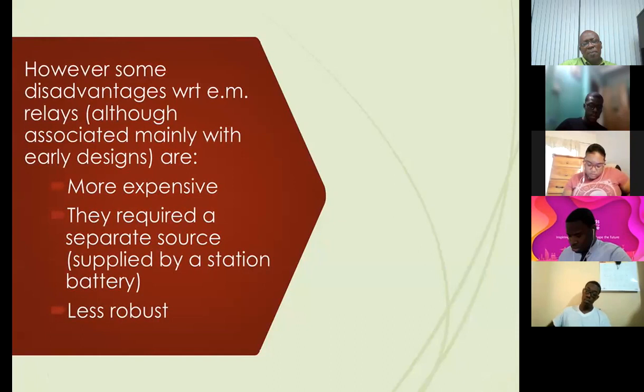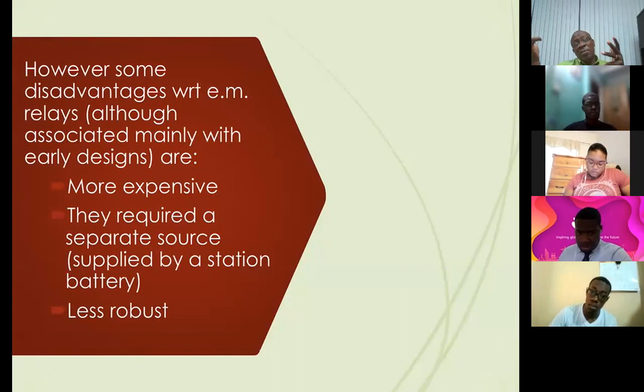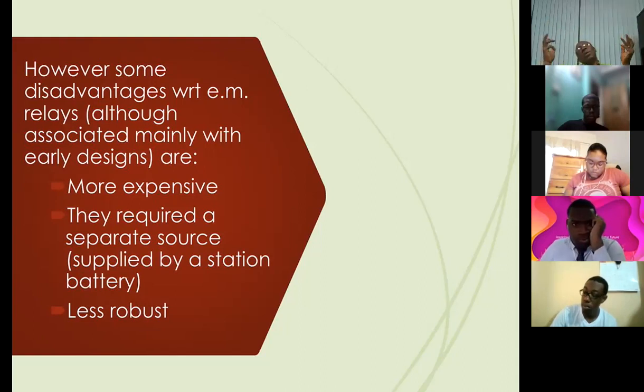Whilst the electromechanical derived its operating power from the system, the analog needs the provision of a station transformer, which would be used to maintain your batteries.